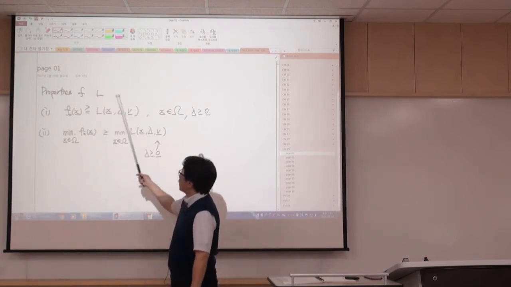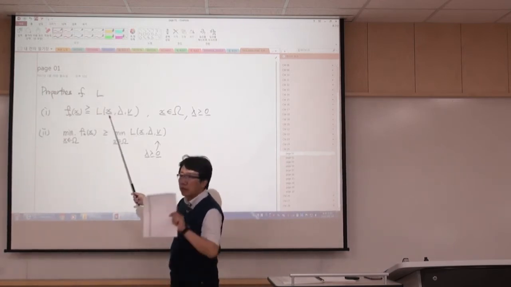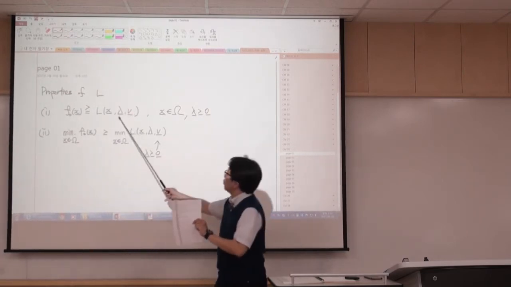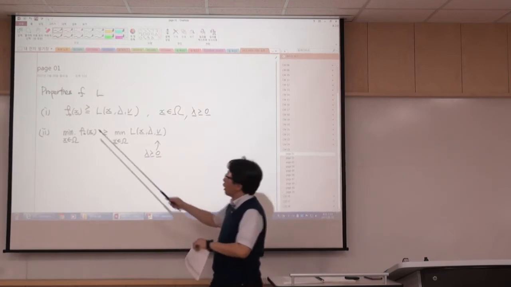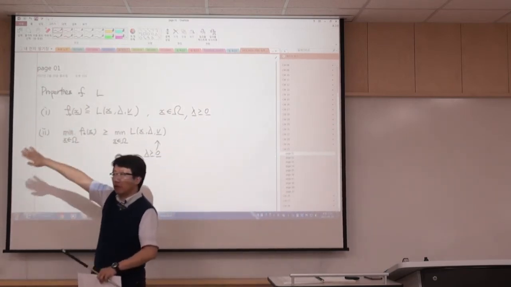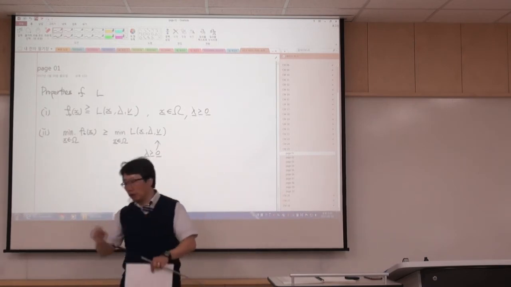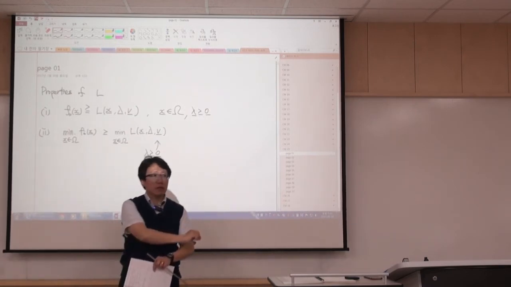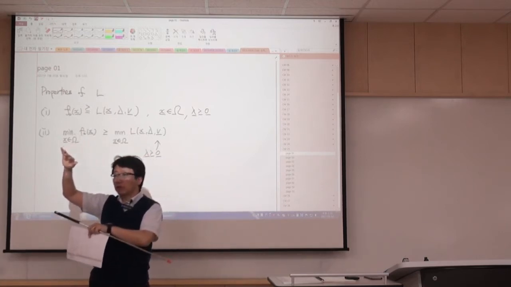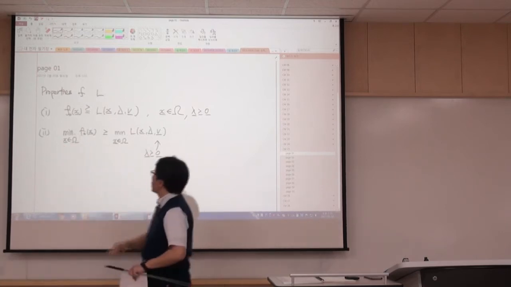You view the right-hand side as a function of x given fixed lambda and nu, where nu satisfies this condition. So you have two functions. One function is here, the other function is there. So for any point of x, this inequality holds. Then what will happen if you minimize?